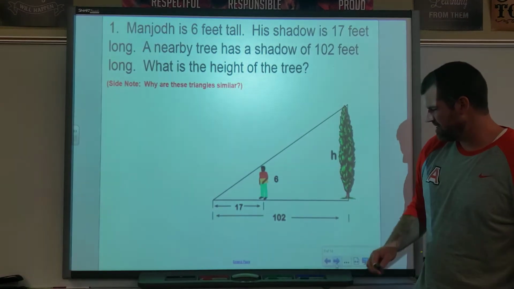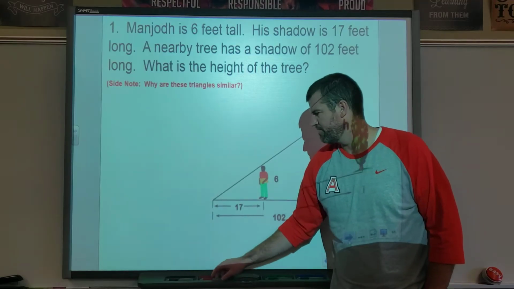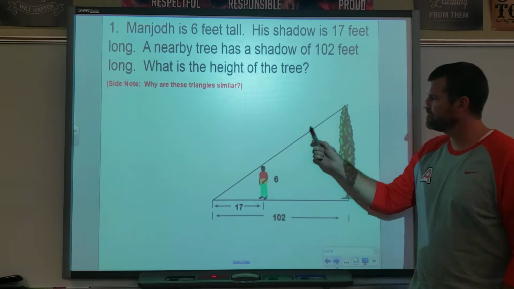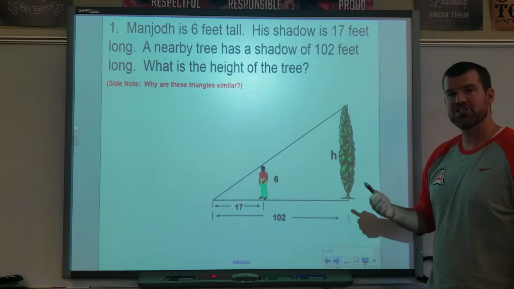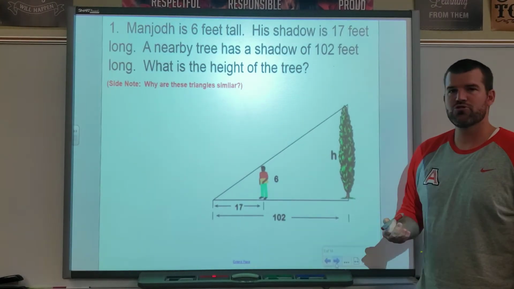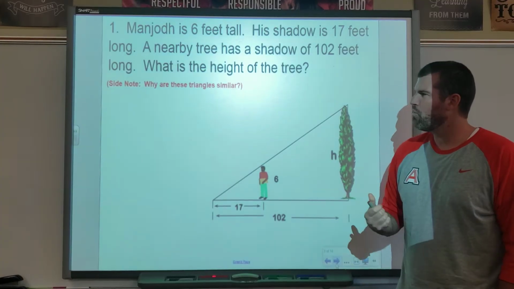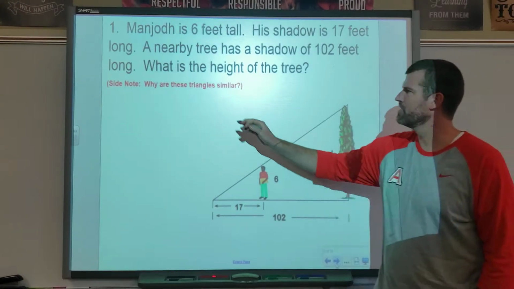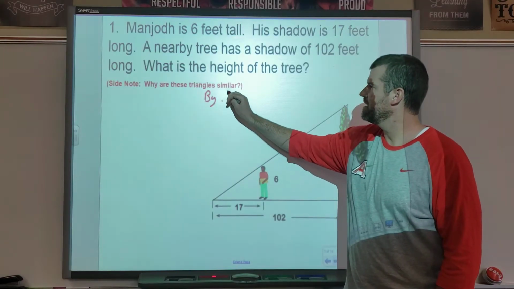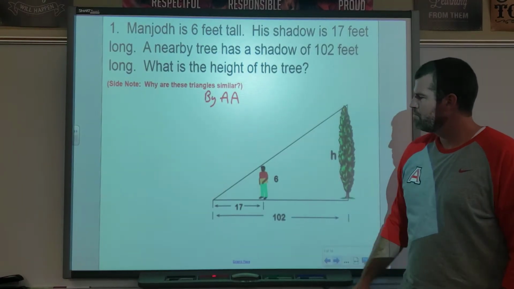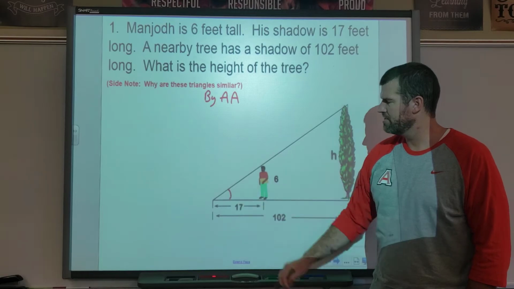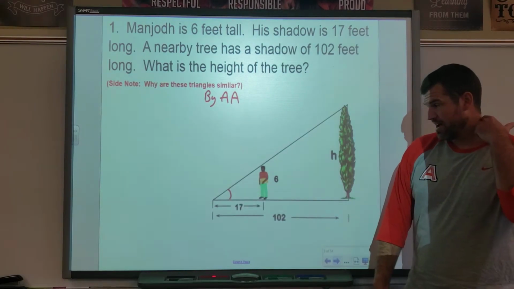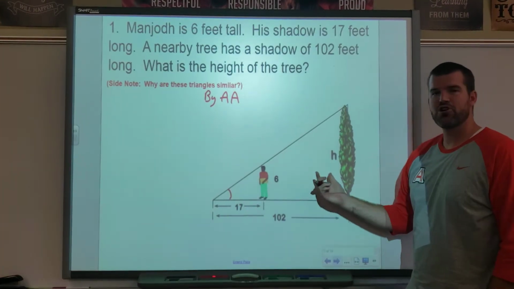The reason we can do this is we know that the two triangles that are formed, right, there's a triangle here formed by Manjad, and then there's the big triangle formed by the tree and its shadow. We know that those two triangles are similar. Why are those two triangles similar? Well, they're similar by angle, because this angle here, the one formed by the sun's rays and the shadow, is going to be the same for both triangles, right?